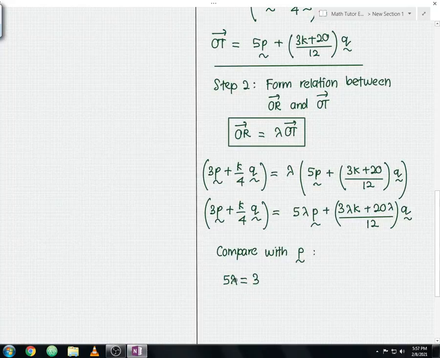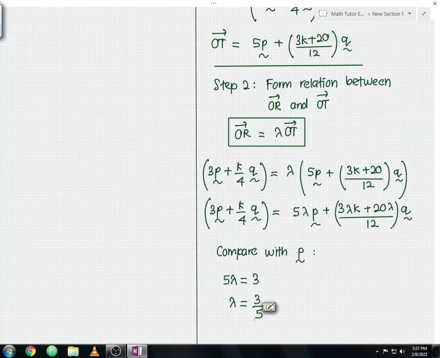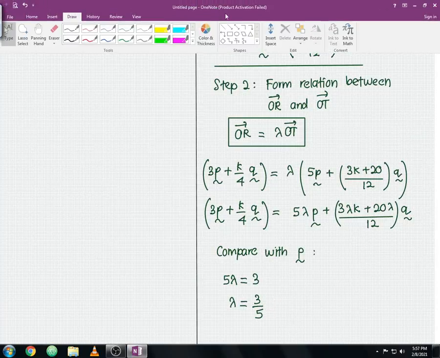So to find your lambda, what you do, 3 you divide with 5. So from here you get the lambda is 3 over 5. Okay, so this is your scalar multiple value.